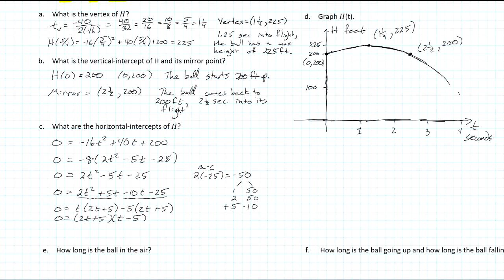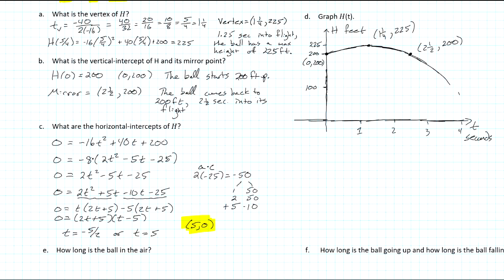And so from this we get t equals -5 halves, or t equals 5. So our horizontal intercepts are going to be at 5, 0, and that's the only one we're going to use.